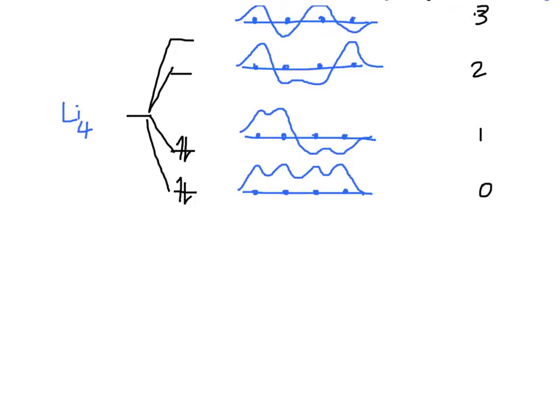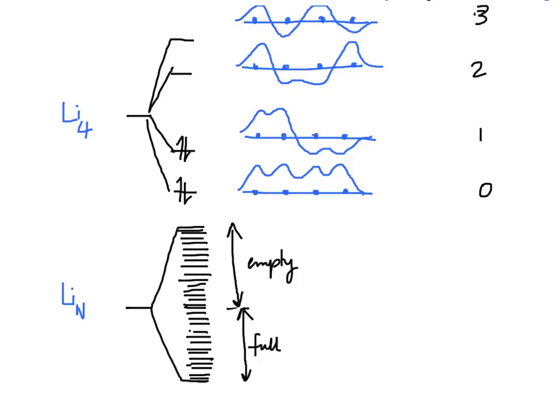So for the case of lithium N, I'm not going to, of course, be able to draw all the wave function pictures, especially when N is very, very large, and so I'm going to show it in a schematic manner. First, the electronic structure, the molecular orbital diagram, which is what is shown over here.